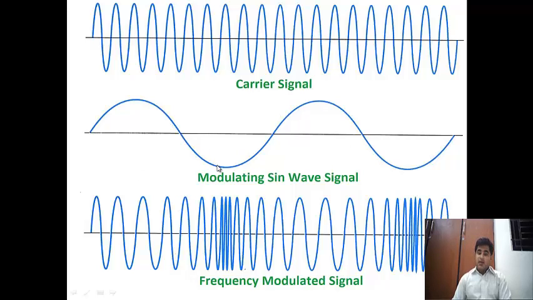Whenever the negative peak comes, the frequency will increase. In the positive direction it is normal, but whenever it starts in the negative direction, the frequency of the signal starts to increase, and at the maximum peak it reaches its maximum frequency.